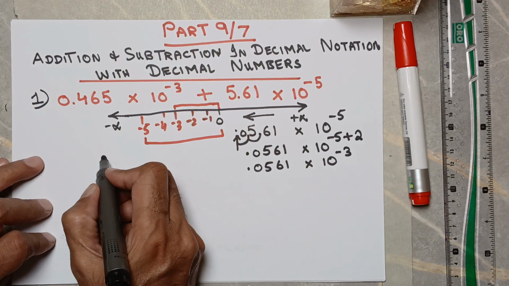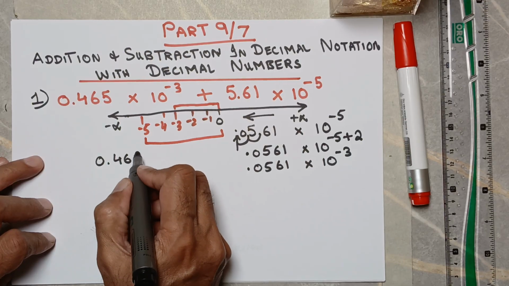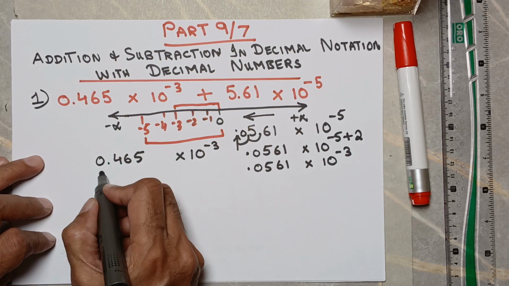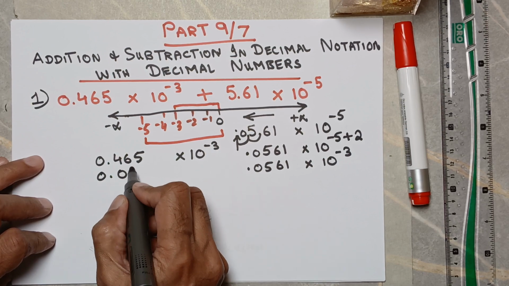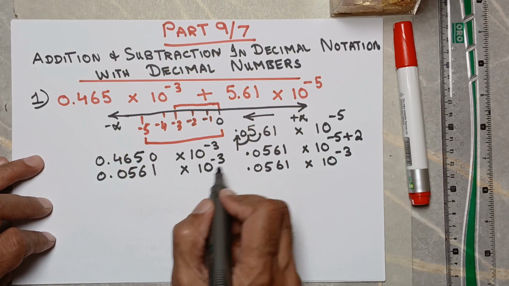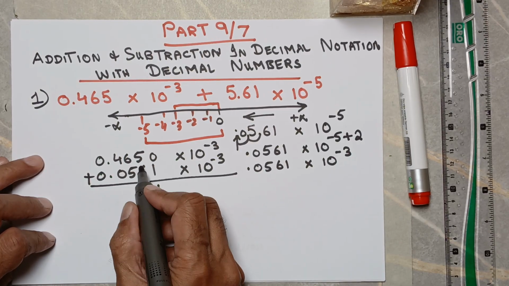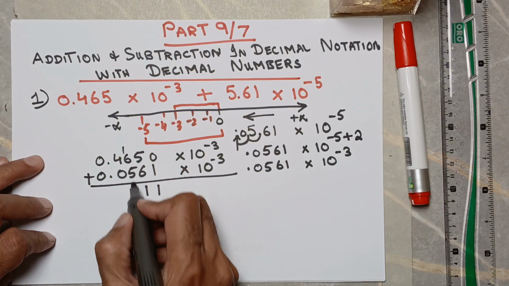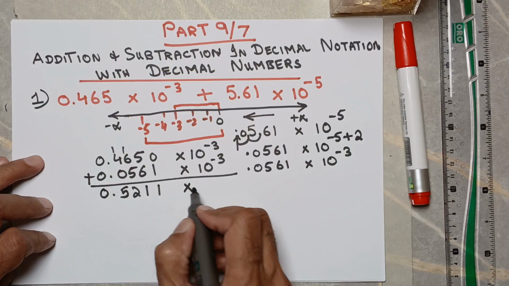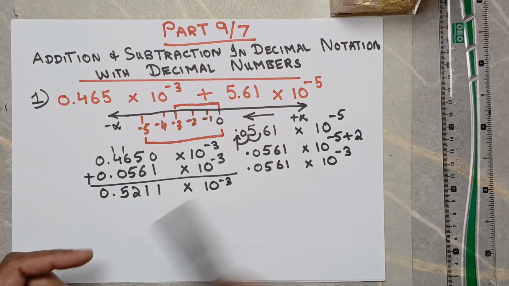Now we will simply add them up: 0.465 times 10 raised to the power minus 3, and here we have 0.05610 times 10 raised to the power minus 3. It is an addition problem. So here it is 1, 5 plus 6 is 11, 7 plus 5 is 12, here it is 5, and 0.5211 times 10 raised to the power minus 3. Here it is our answer.